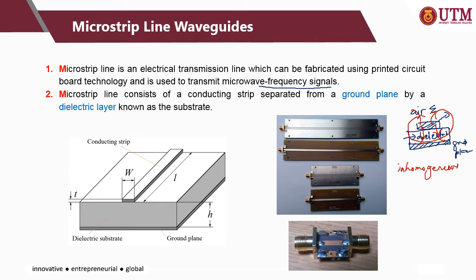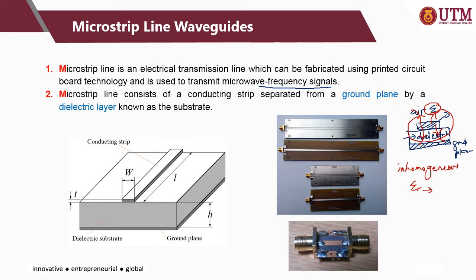The effective dielectric constant or permittivity epsilon r basically represents the equivalent homogeneous medium. This considers the air and also the other materials involved in the signal propagation.